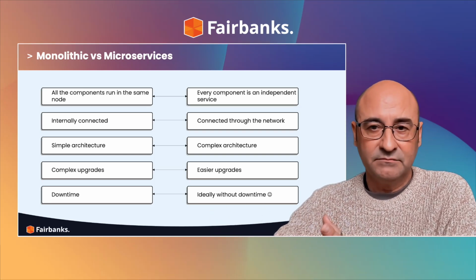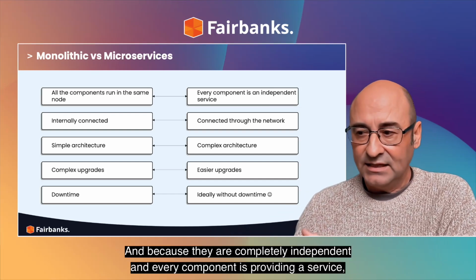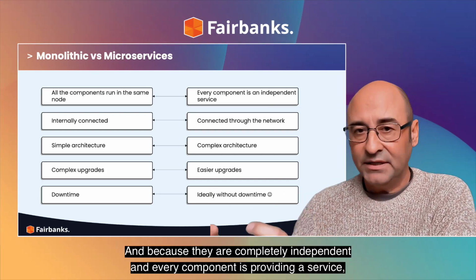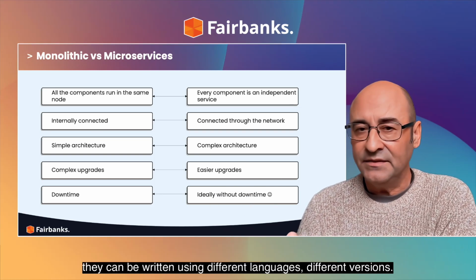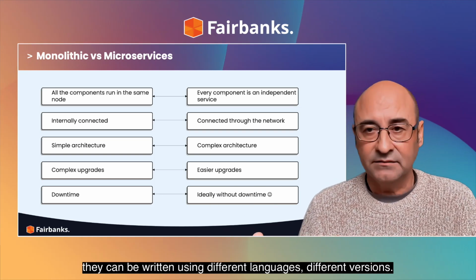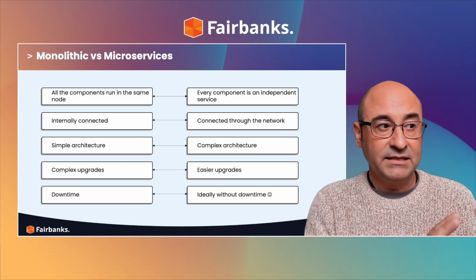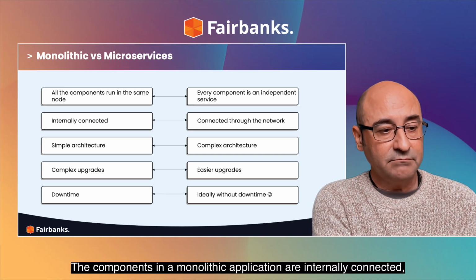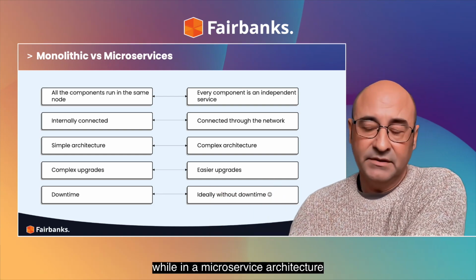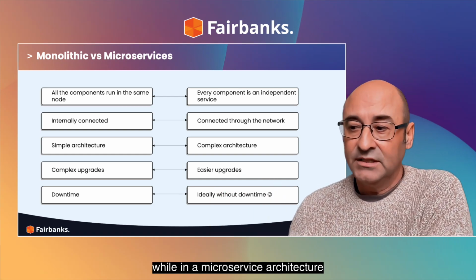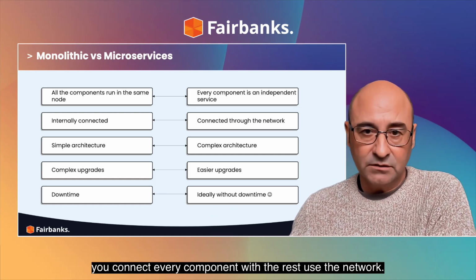They can be hundreds of components, it depends. And because they are completely independent and every component provides a service, they can be written using different languages and different versions. The components in a monolithic application are internally connected, while in a microservice architecture, you connect every component with the rest using the network.